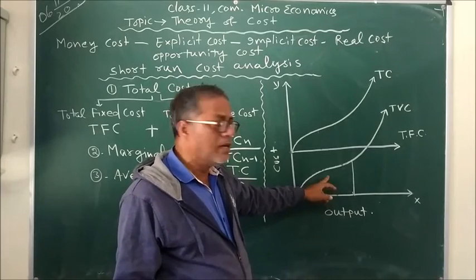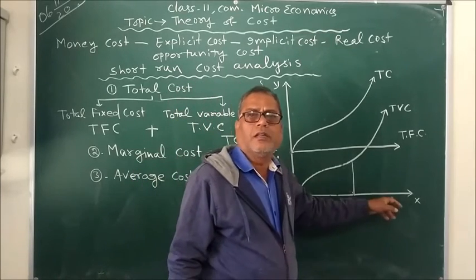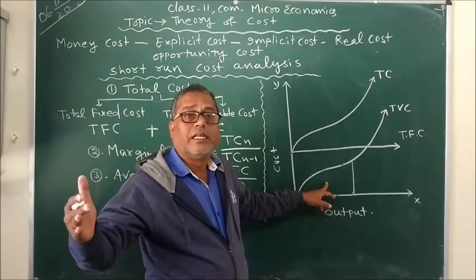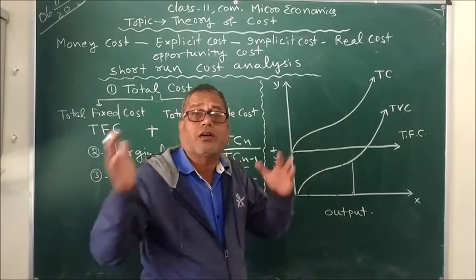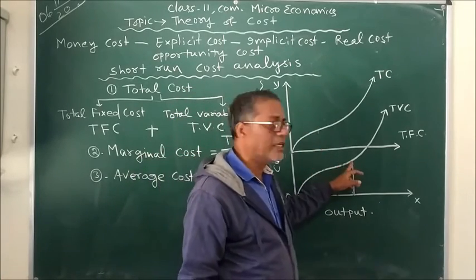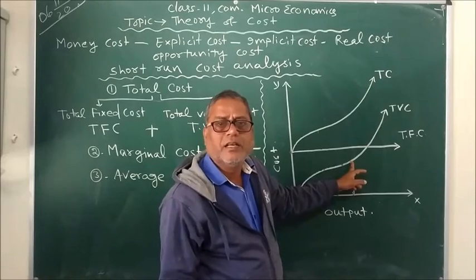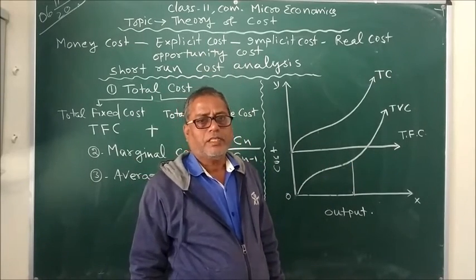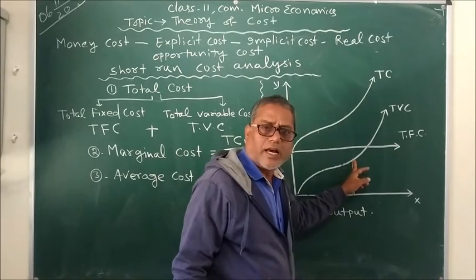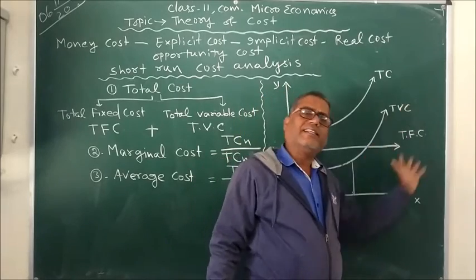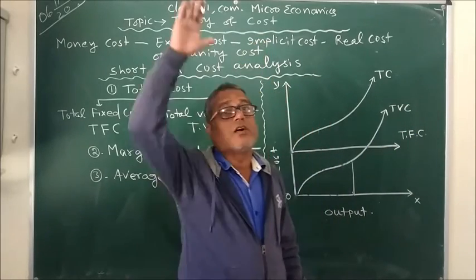Just try to remember, when we expand production, in the first phase we get increasing return. The concepts of return and cost are just opposite to each other. If in the first phase we are enjoying the increasing return phase, then obviously the cost would be decreasing. And after that, another phase comes where we get a decreasing return, means increasing cost.